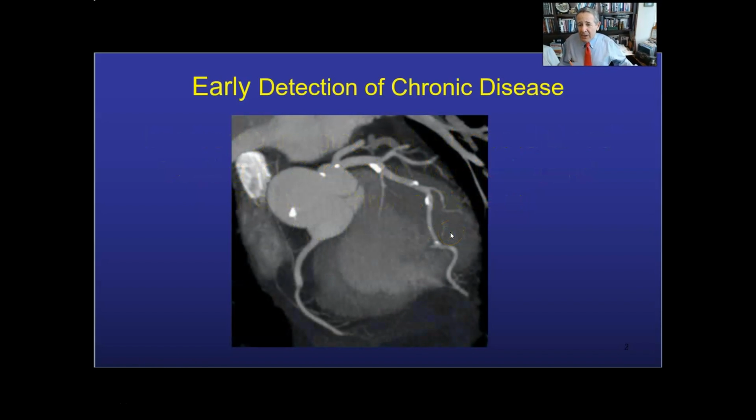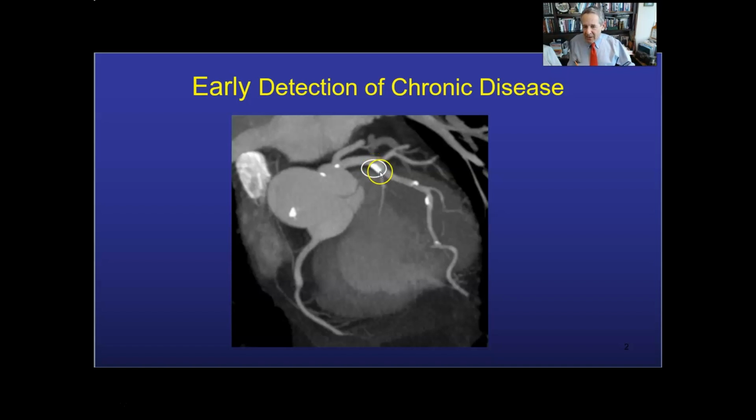So I'm going to talk to you about my experience, which is now over 30 years, in using coronary calcium imaging on a daily basis to make decisions for my patients. Here is a three-dimensional reconstruction of the three coronary arteries and calcium. What we've learned is that calcium always begins in the high LAD.